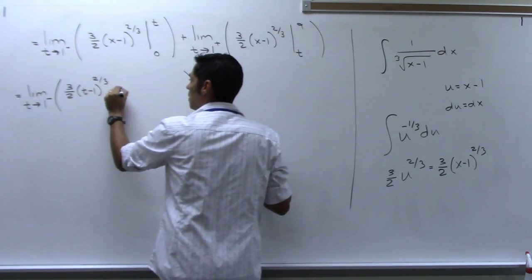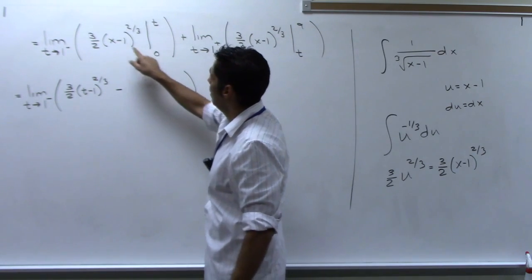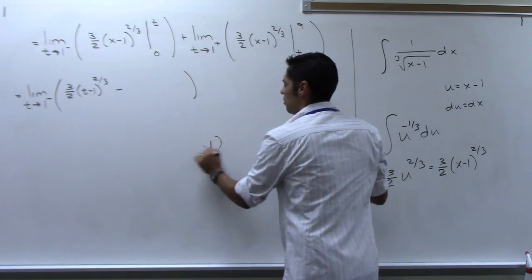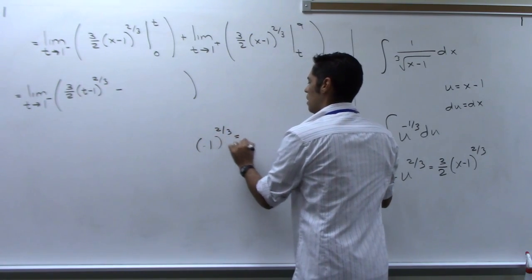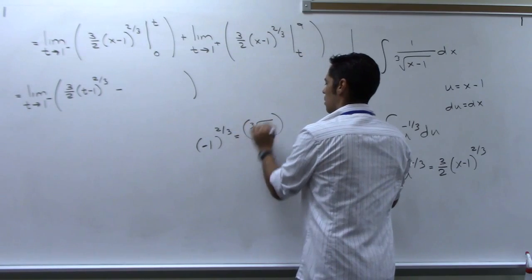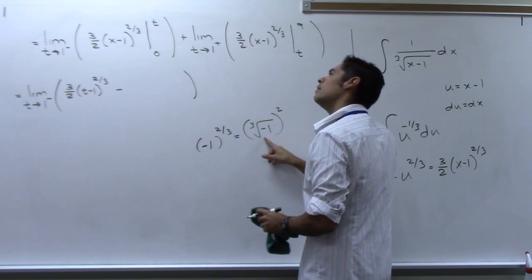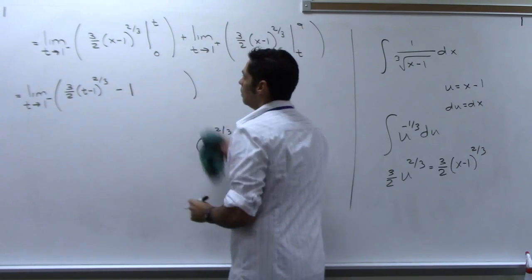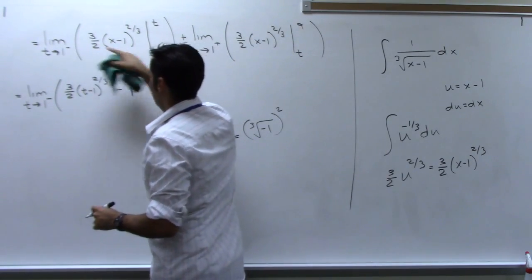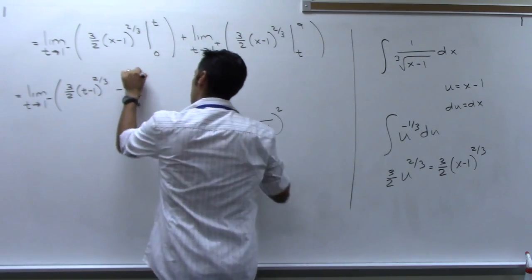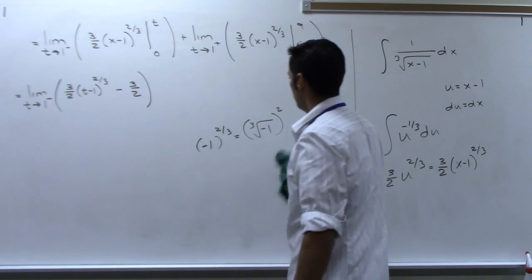So that was the first piece, minus when I plug in 0. I get negative 1 here. Negative 1 to the 2/3 is the same as the cube root of negative 1 squared. Cube root of negative 1 is negative 1, but then squared I get 1. So that's going to give me a 1 there. And then, sorry, then I had a 3/2 in front. So 3/2.